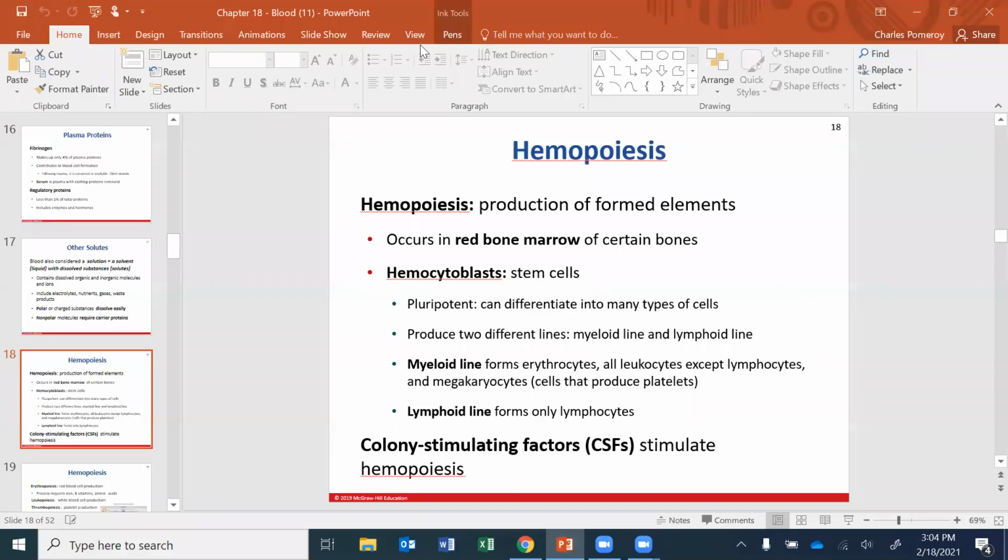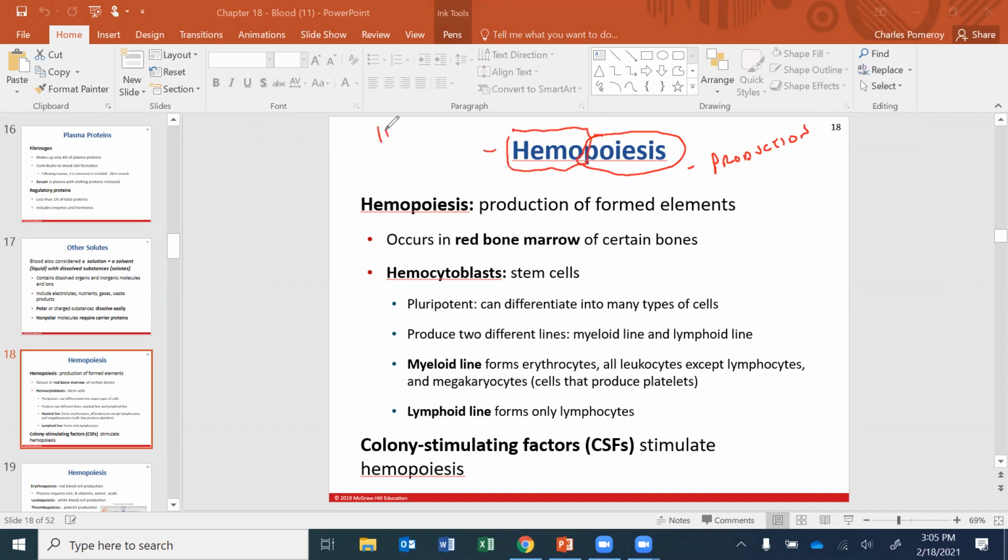You do see this suffix poiesis used from time to time in A&P, and it means production or the making of or creation of. Okay, so it comes from an ancient word that means production or creation or making. And then hemo is what we use for blood.